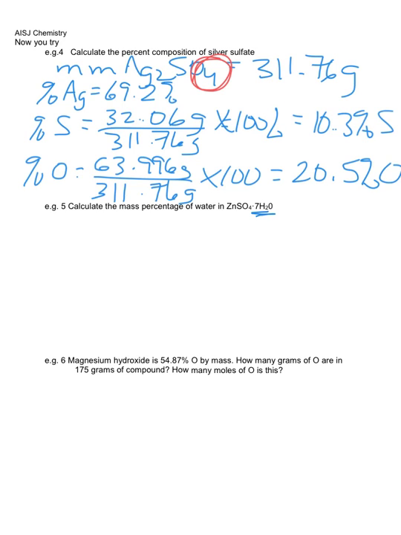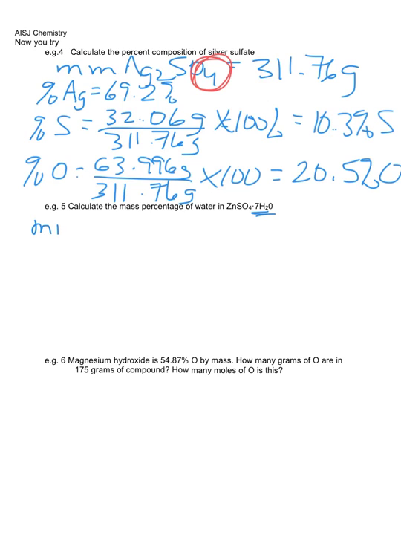All right, so what do we know? We know our formula for hydrated zinc sulfate, so we can figure out the molar mass. And then we can figure out the percentage of water in this hydrated compound.